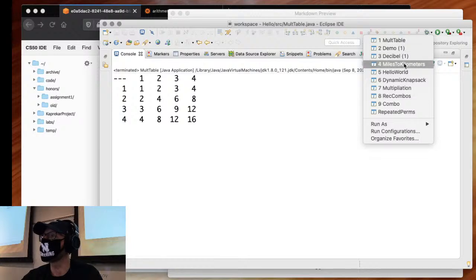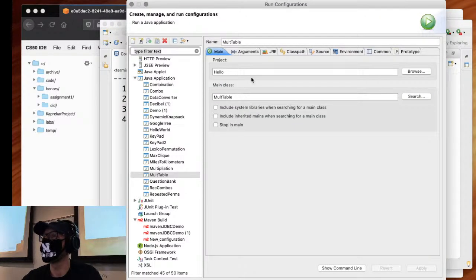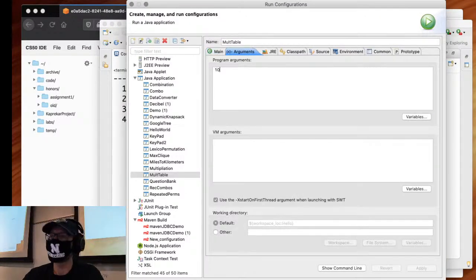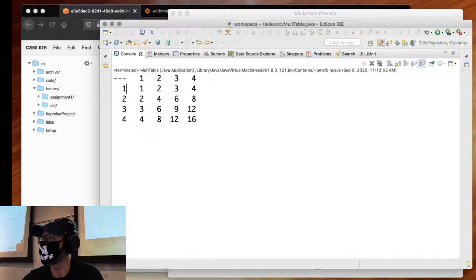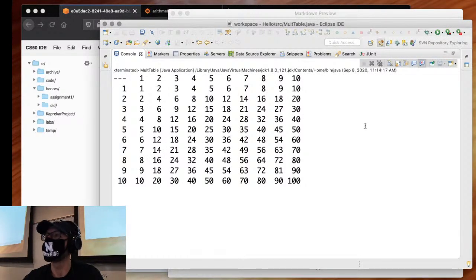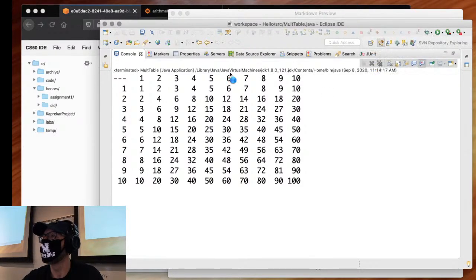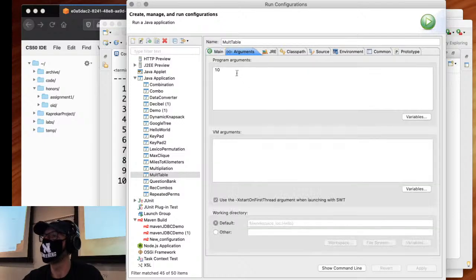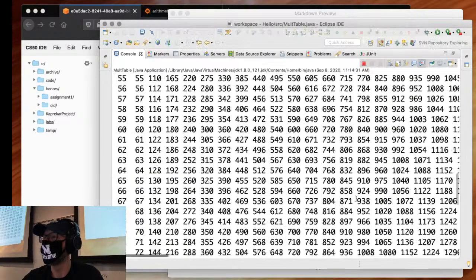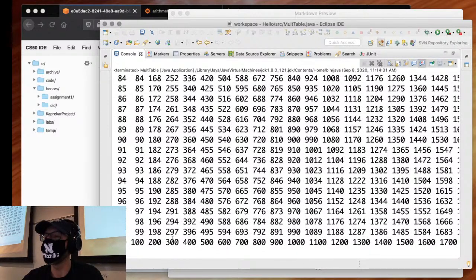Let's make sure that it actually works if we have different configurations. We'll go up to a 10 by 10 multiplication table. That looks nice. Right? What if we went up to 100 by 100? Now our alignment no longer looks all that great because now we have numbers that are 4 digits.